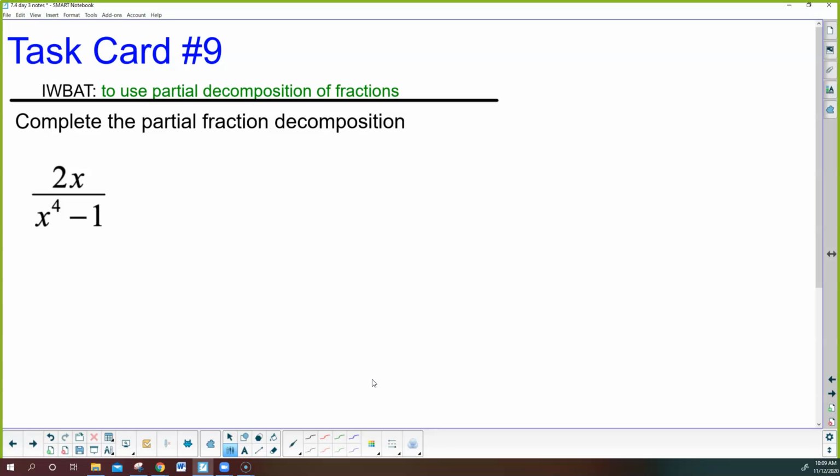And you'll notice this one's a little bit different. Okay, this one ends up having an x to the 4th minus 1. So we have to factor the bottom here. Why don't you do that right now? As you're writing it down, can you factor this bottom completely into perfect factors?